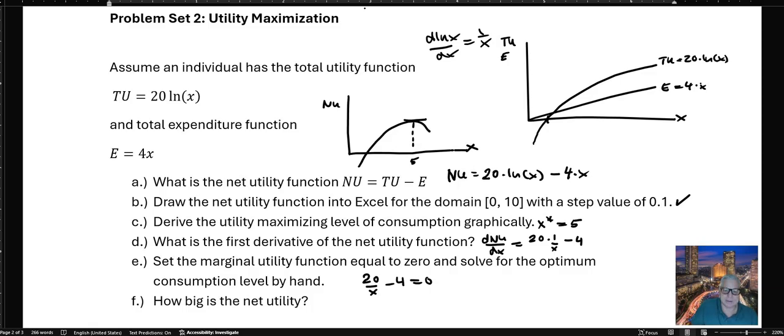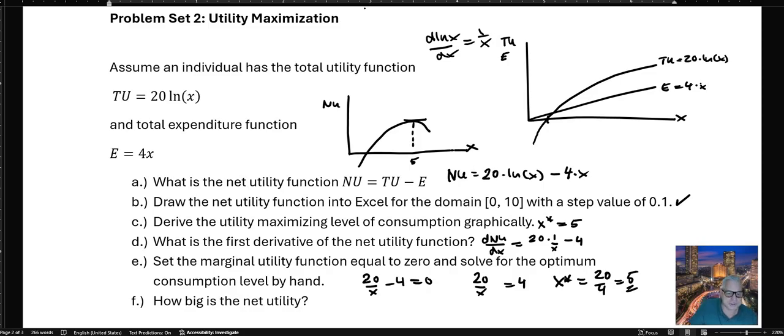First we add 4 on both sides, and then we can write 20 over x equals 4. Then we cross multiply and divide by 4, and we get x star is indeed 20 over 4, which is equal to 5. So now we get the same result mathematically.